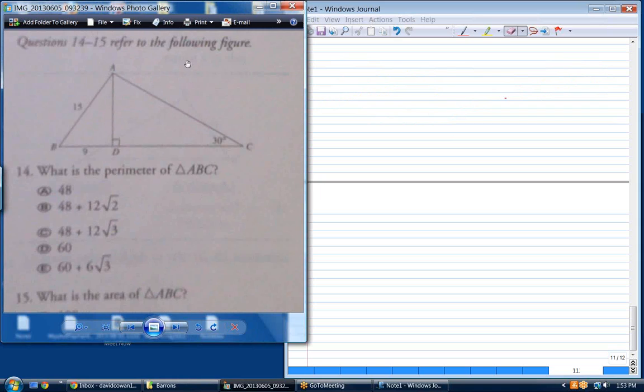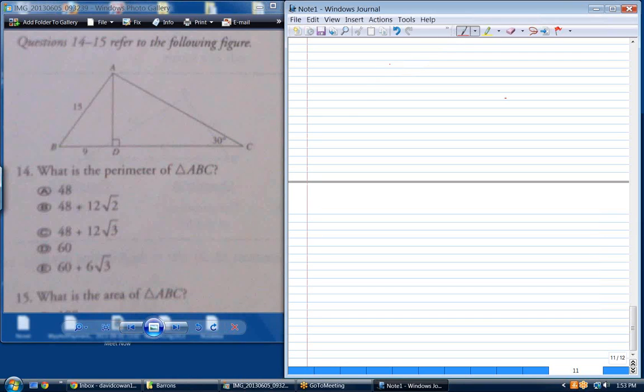What is the perimeter of the big triangle? Again, we have to do the intermediate steps, which is find out all of the appropriate sides. You know, that's 9, that's 15, and that's 30 degrees.